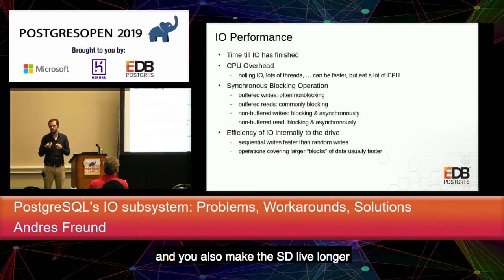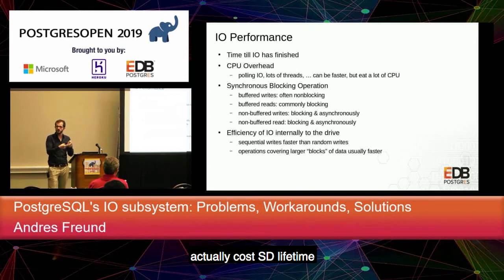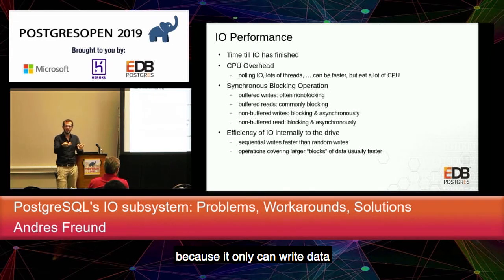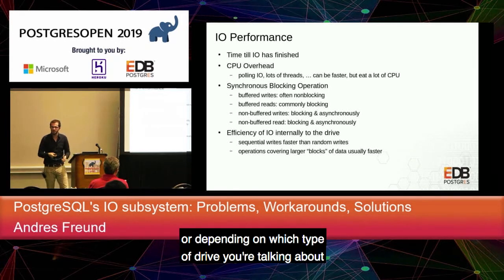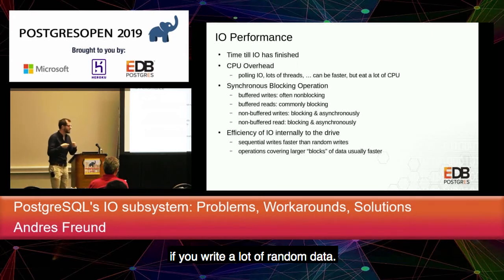And you also make the SSD live longer, because relatively small random writes cost SSD lifetime, because it has to remap the data, because it can only write data in chunks of like 64 kilobytes, depending on which type of drive you're talking about. And that makes it problematic if you write a lot of random data.